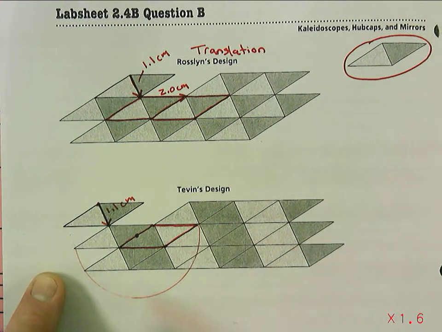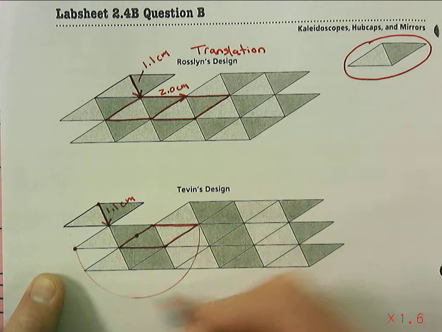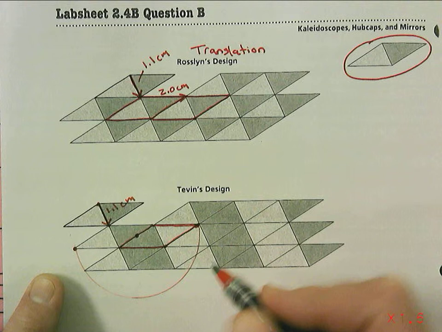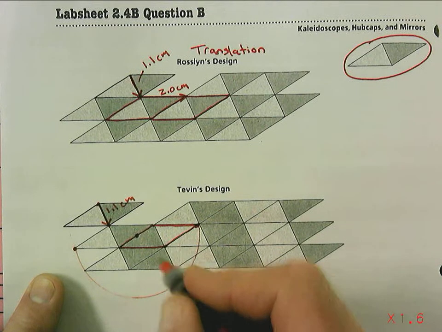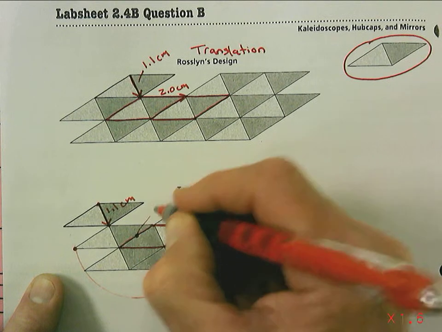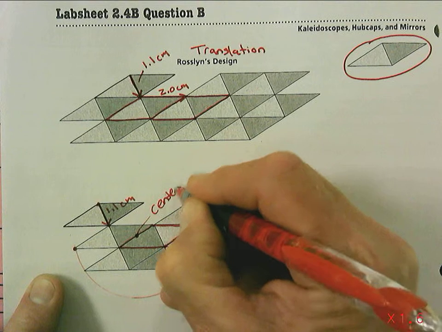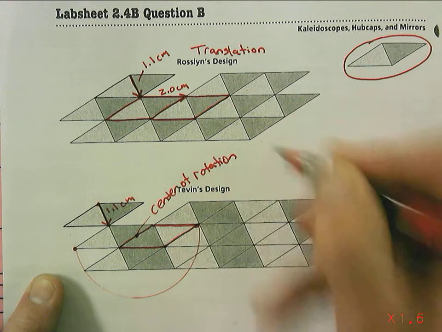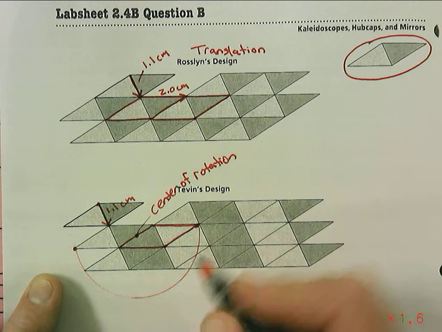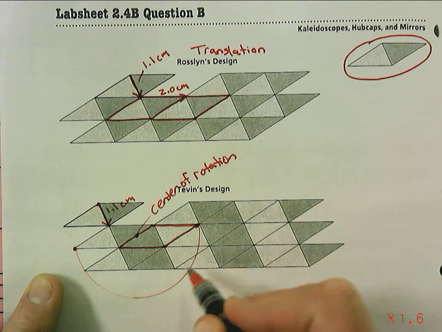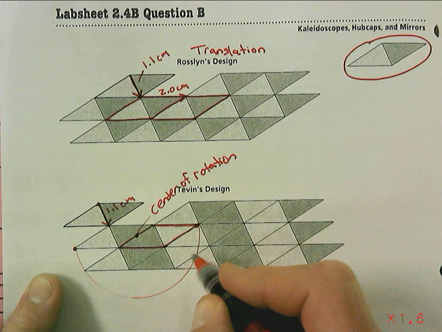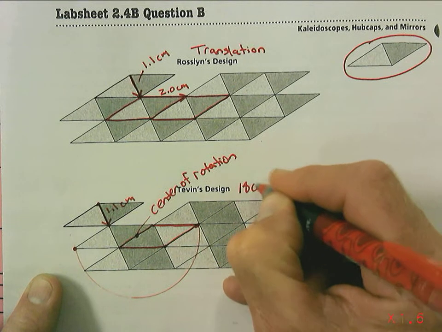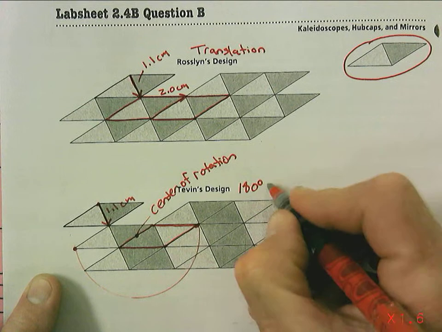So this point rotates along that arc into that point, which is exactly what I wanted it to do. If I rotated 180 degrees around that point, that's my center of rotation, and that's my arc, that's the rotation. And you can see it's basically half a circle, so it's a 180 degree rotation.